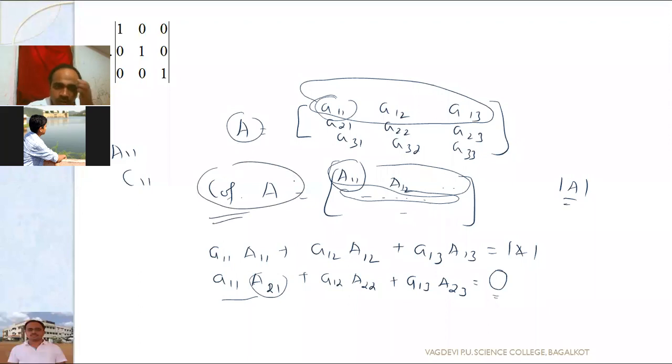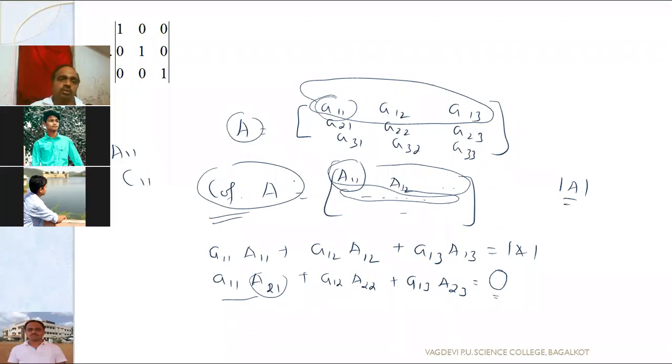You have to find all the cofactors, then write all of them in the form of a matrix. That is called the cofactor matrix. First you find the minor, then the minor with the appropriate plus or minus sign is called the cofactor. If you write all cofactors in one matrix, that's called the cofactor matrix.